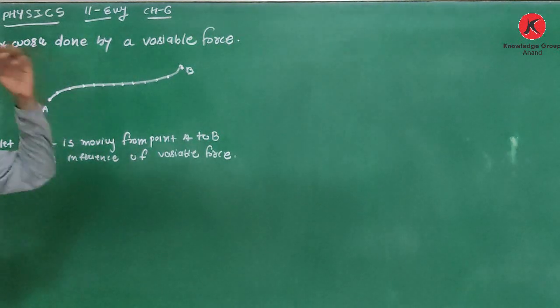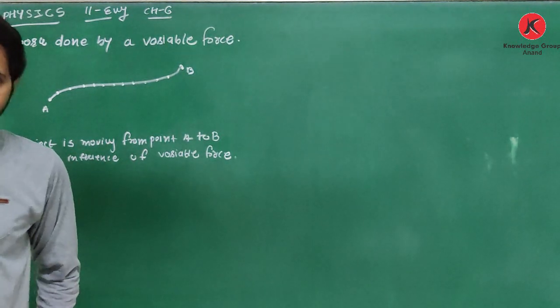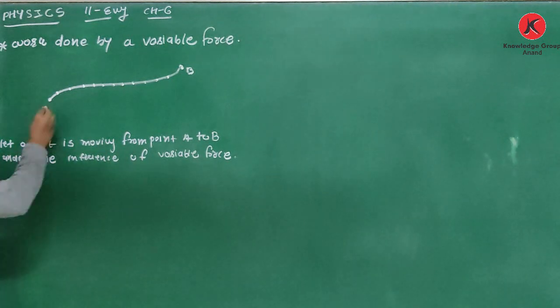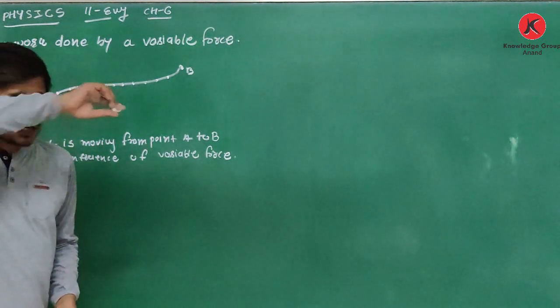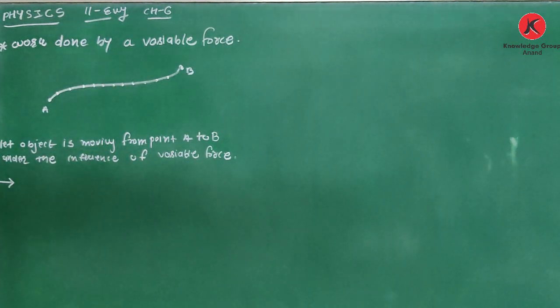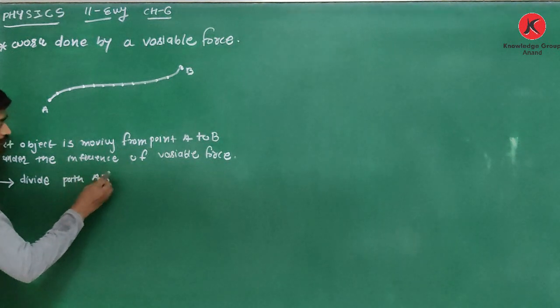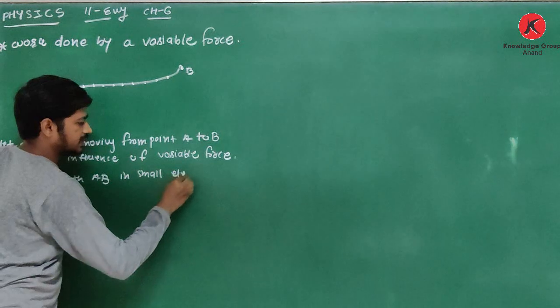The force is varying from the initial position to the final position. During such motion, how do we calculate work done? We can divide this whole part AB into very small elements.